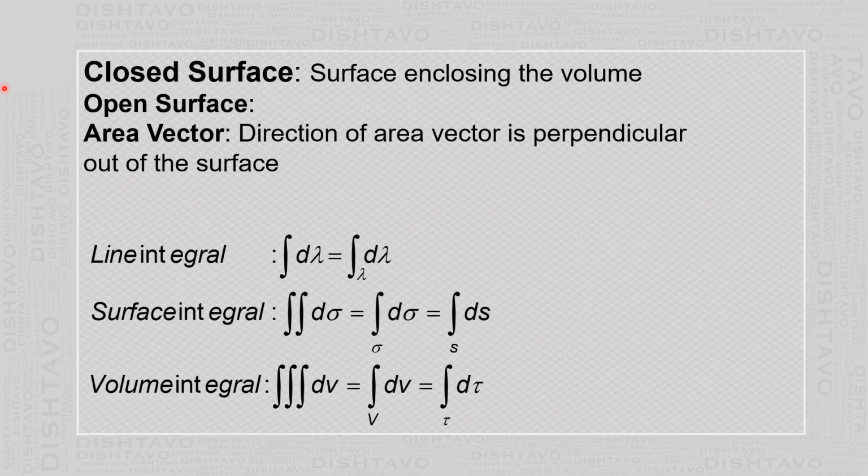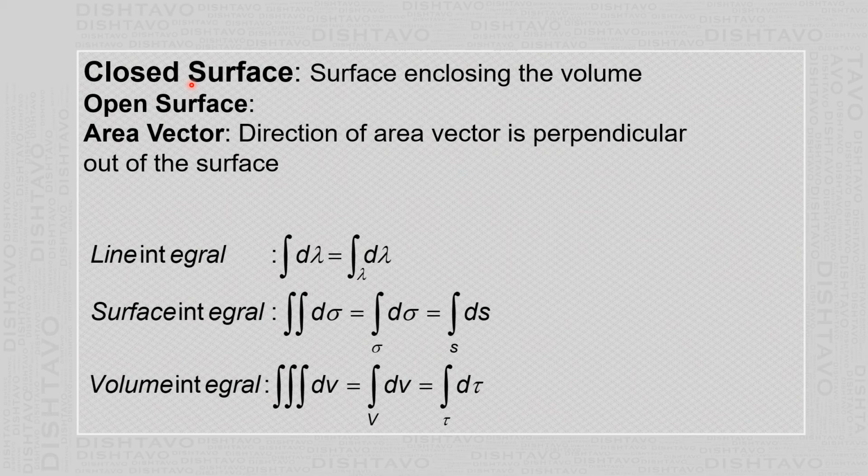Surfaces are of two types, closed surface and open surface. Closed surfaces are the surfaces which enclose a volume. Example, a sphere. The surface of that sphere is a closed surface because inside there is a volume.